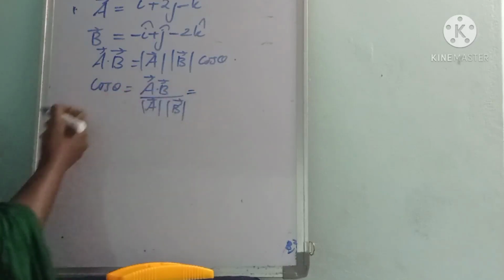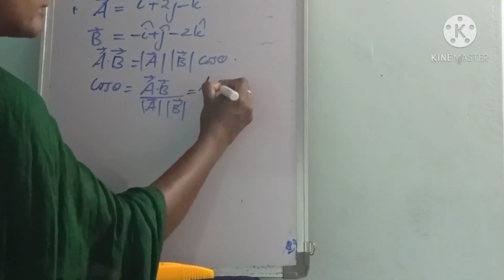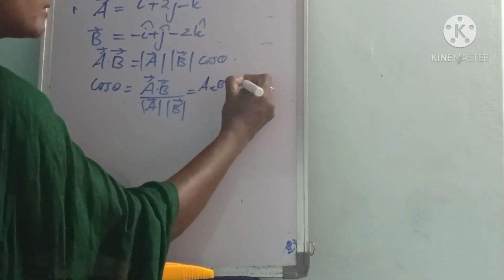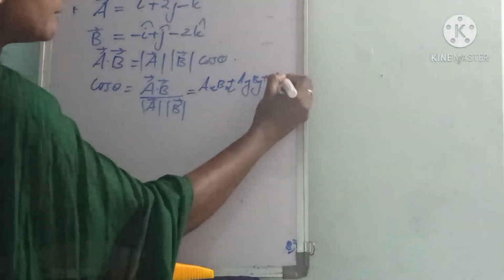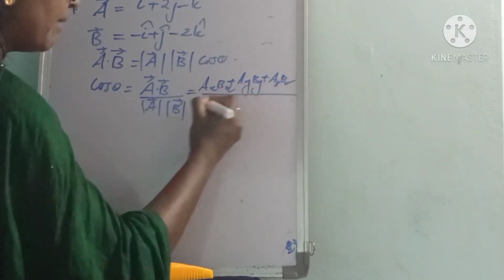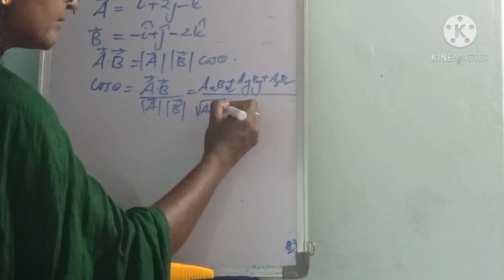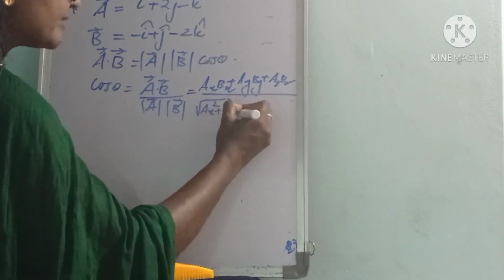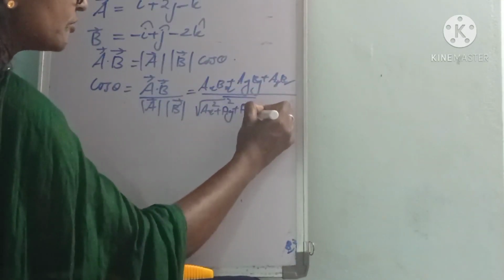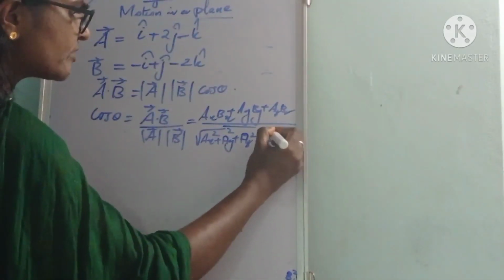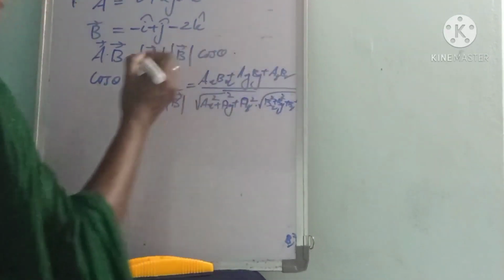So A dot B is AX BX plus AY BY plus AZ BZ divided by square root of AX square plus AY square plus AZ square into square root of BX square plus BY square plus BZ square.